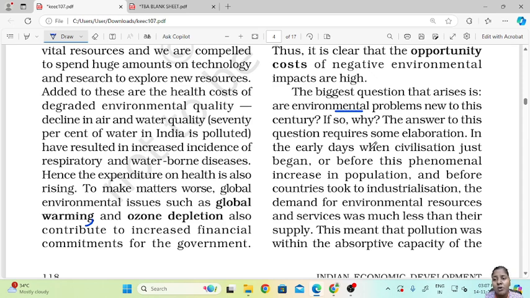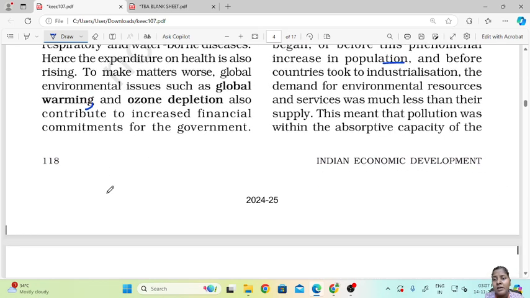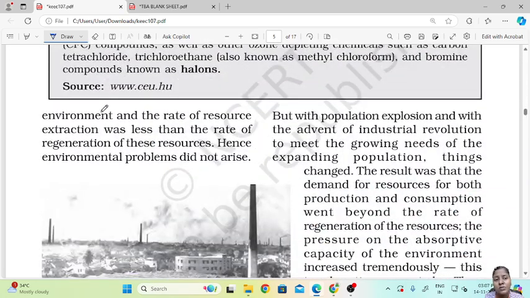The answer requires some elaboration. In early days when civilization was just beginning, before the phenomenal increase in population and before countries took to industrialization, the demand for environmental resources and services was much less than their supply. This means pollution was within the absorptive capacity of the environment, and the rate of resource extraction was less than the rate of regeneration of these resources.